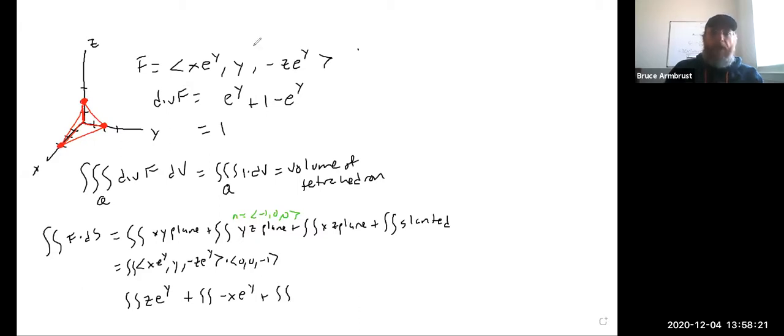Then the XZ plane is the one over here on the left. We're going to want the vector 0, -1, 0, which when I dot it with my original field just gives me -y. That's going to be an easy one to integrate.